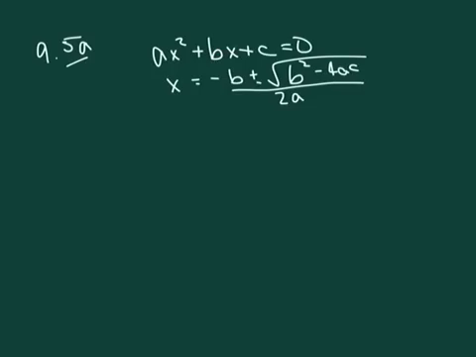What we're going to focus on, at least for a minute here, is this right here. B squared minus 4ac. That set of numbers under there has a name. It's called a discriminant.